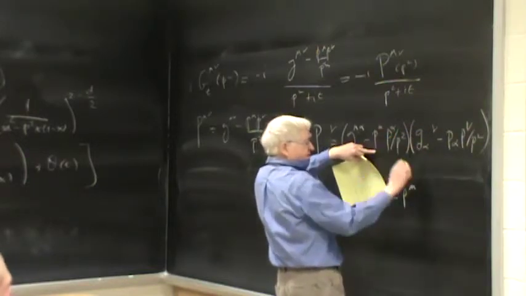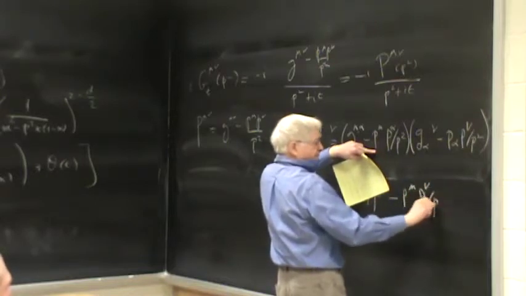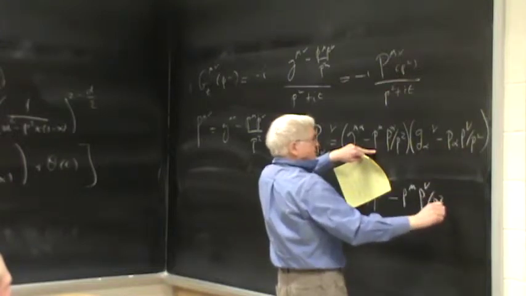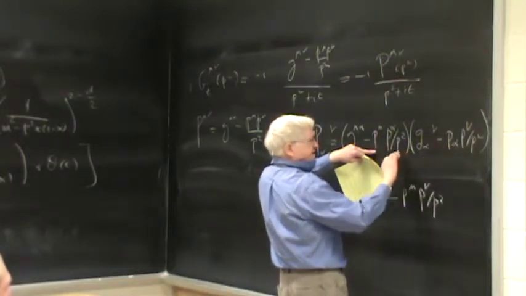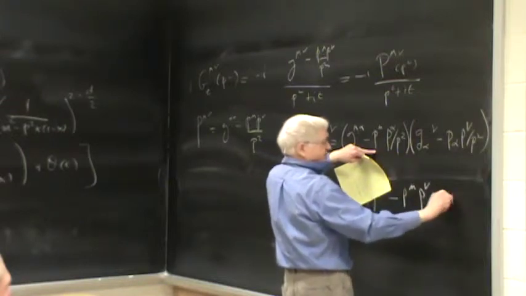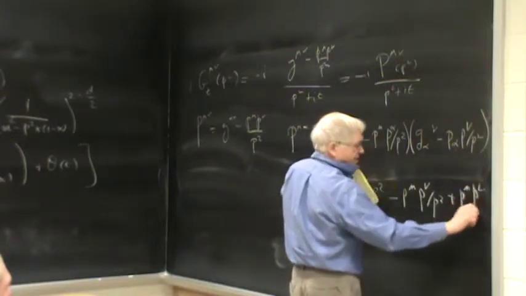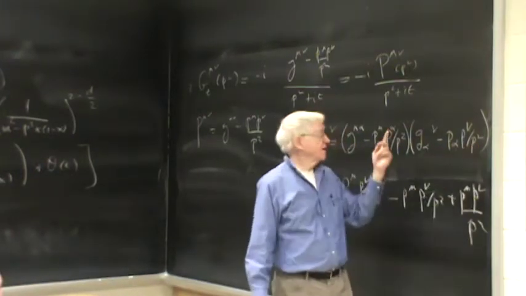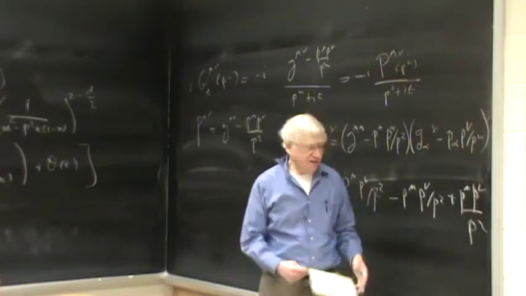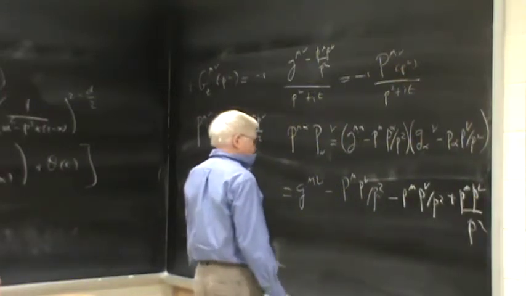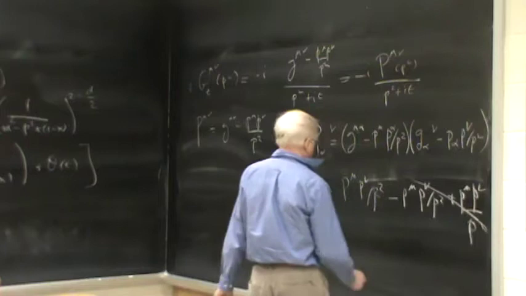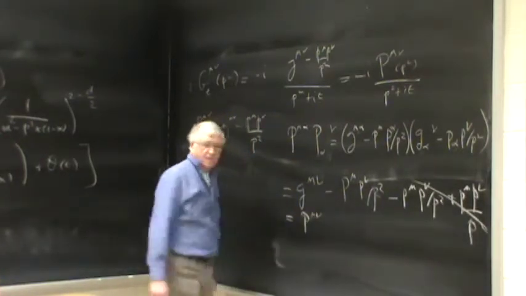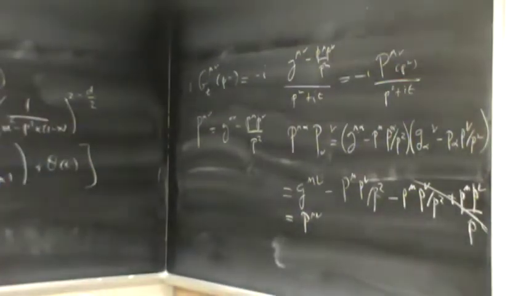This turns alpha into nu. And then we have this one, which will be P squared canceling a P squared, and that'll be plus P mu P nu over P squared. So we had three P squared in the denominator, and P alpha P alpha is P squared. So this cancels that, and this is P mu nu. Okay, so it's a projection operator in that sense.